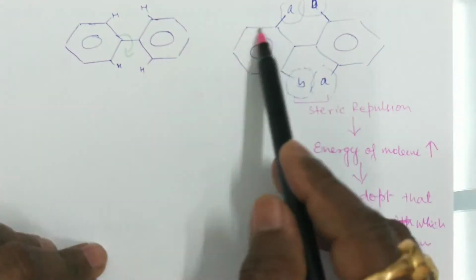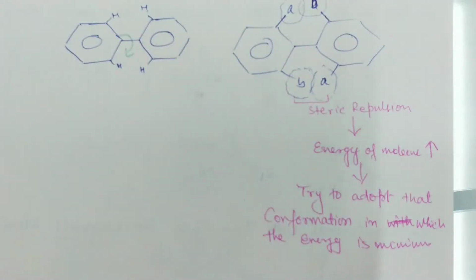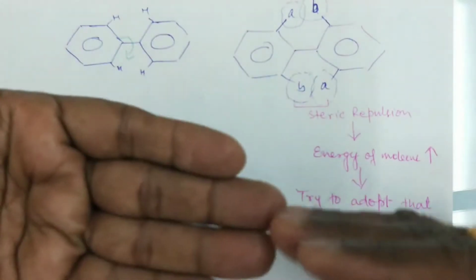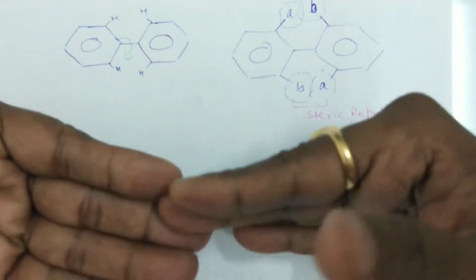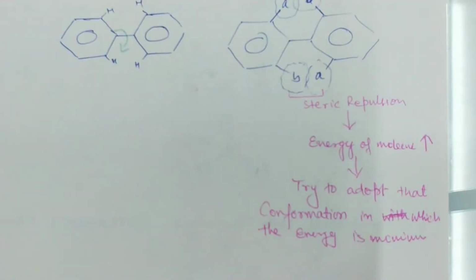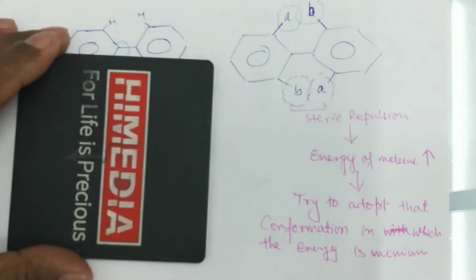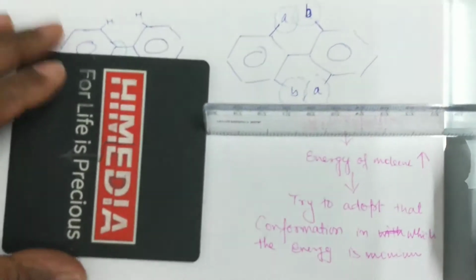See, the coplanarity of this benzene and this benzene will be lost if one ring is like this and the other is perpendicular, like this. Suppose one benzene ring plane is like this, and the other benzene ring plane is like this.